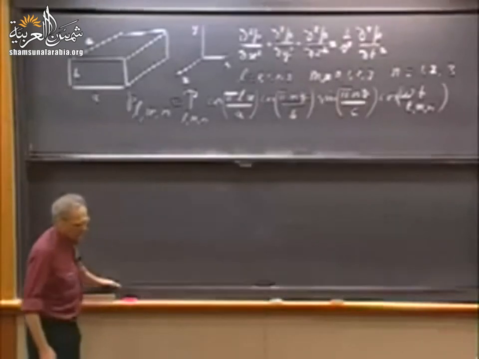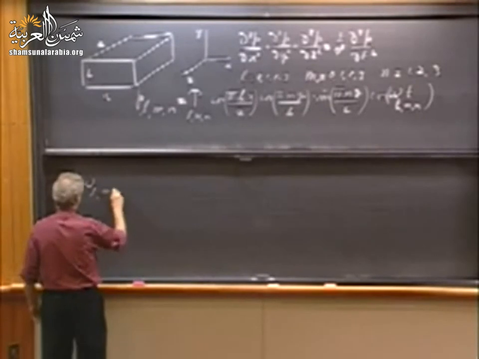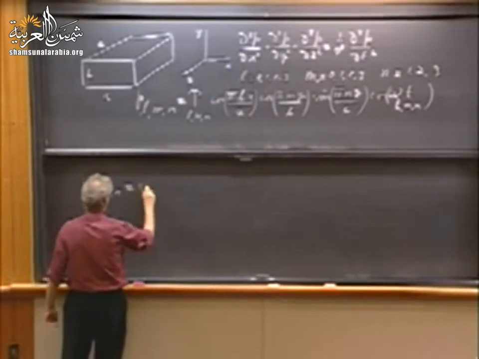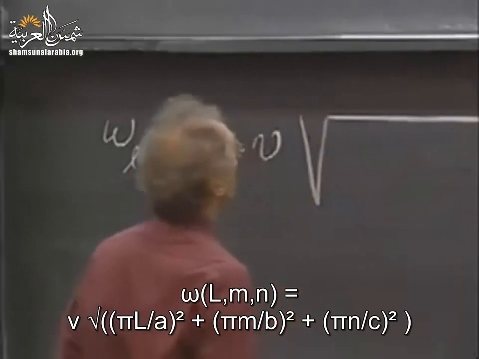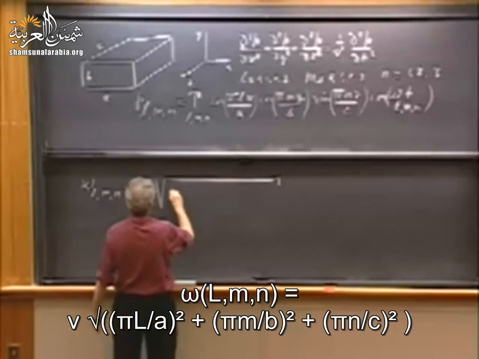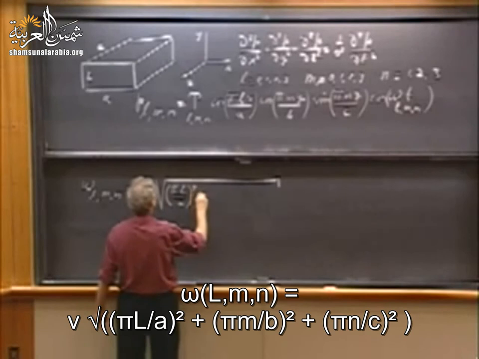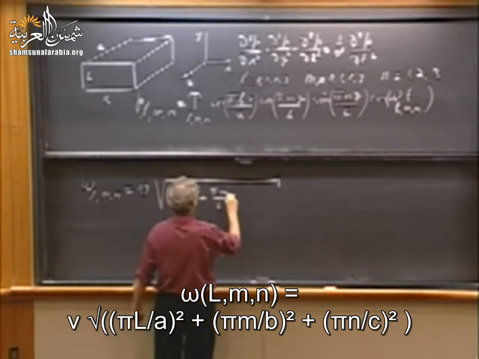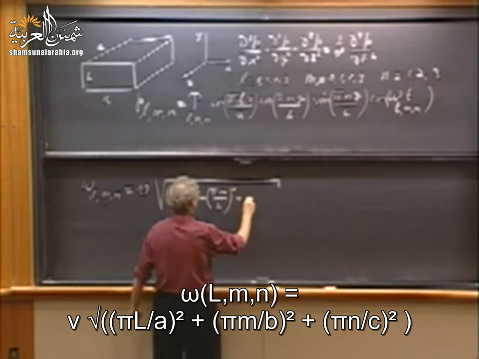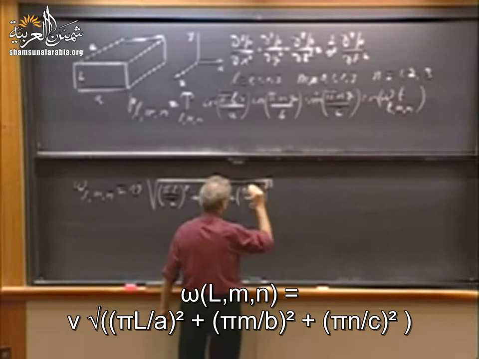And so that connection is then that omega L, M, N becomes V, which is the speed of sound, times the square root of (pi L divided by A) squared plus (pi M divided by B) squared plus (pi Nancy divided by C) squared.